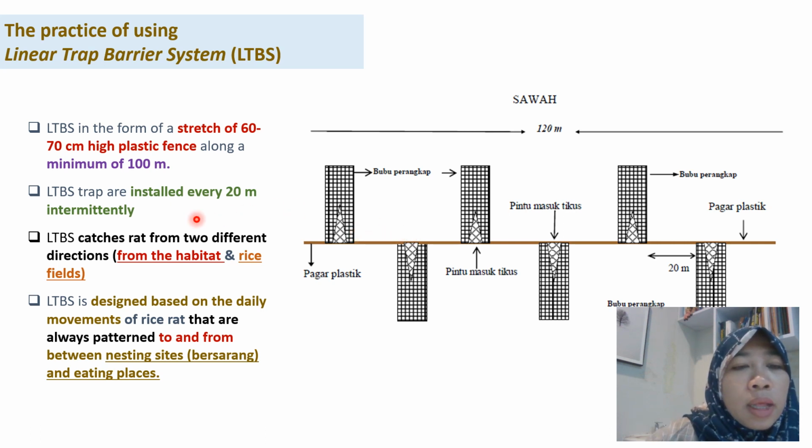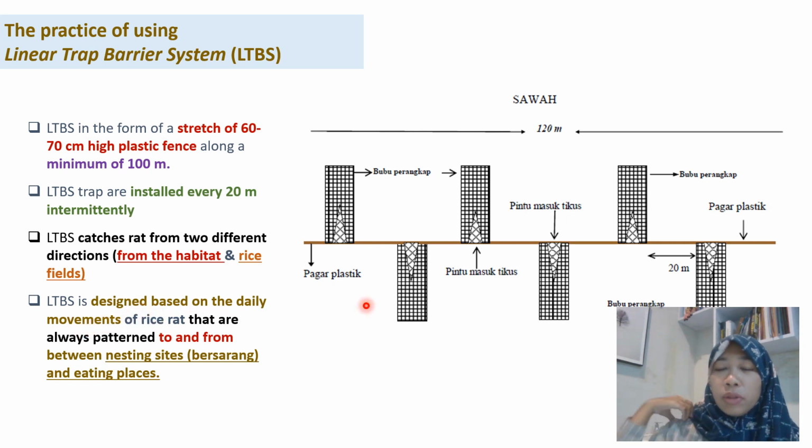LTBS catches rat from two different directions, as I told you before, from the habitat and from the rice field. LTBS is designed based on the daily movement of the rice rat.